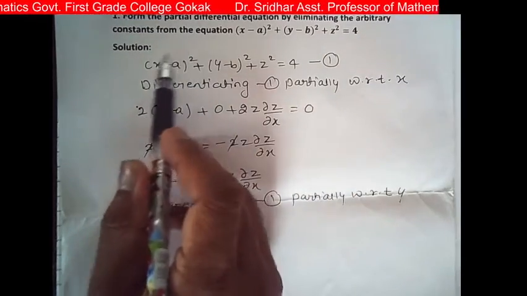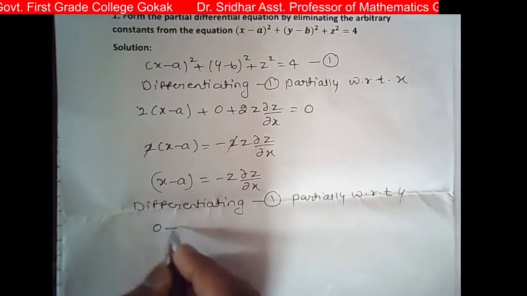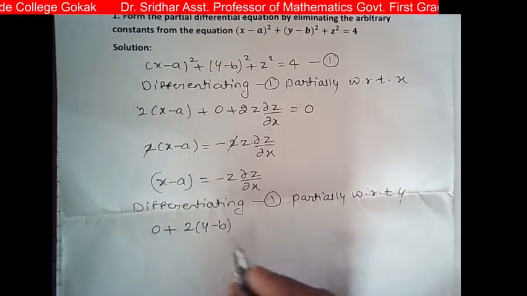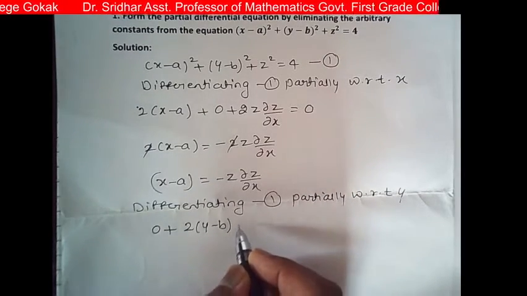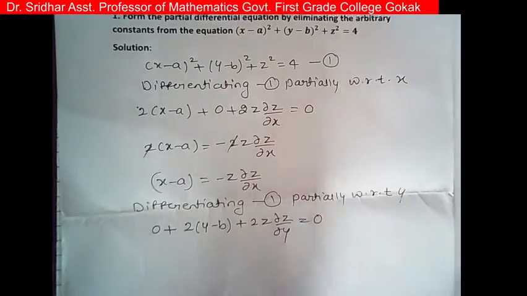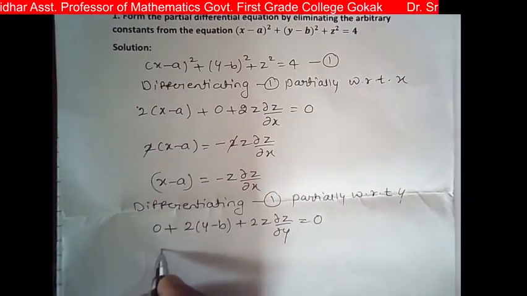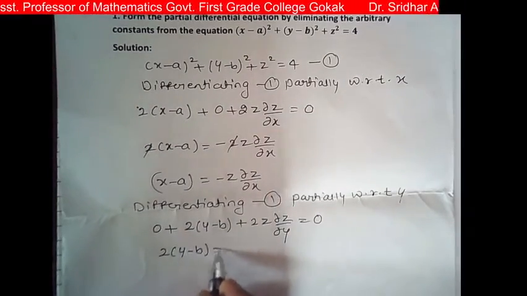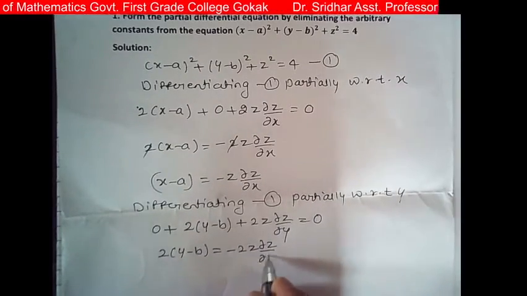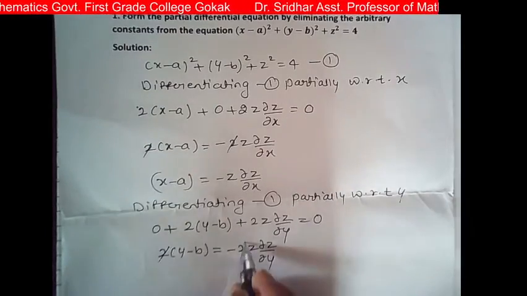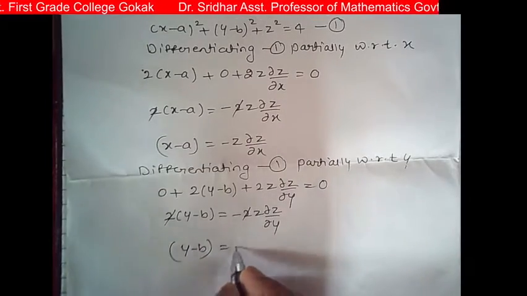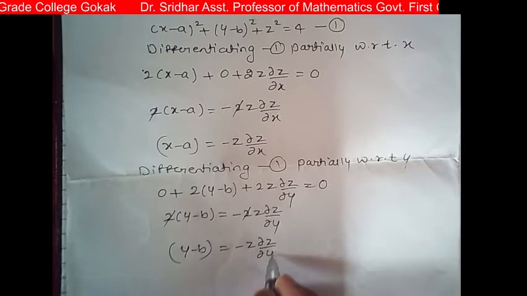So differentiation of the first term becomes 0, plus the second term 2 into (y minus b), then plus 2 into z into dou z by dou y, which is equal to 0. Or this can be written as 2 into (y minus b) is equal to, sending this term to that side, minus 2z dou z by dou y. Again the 2 gets cancelled, which gives y minus b is equal to minus z into dou z by dou y.